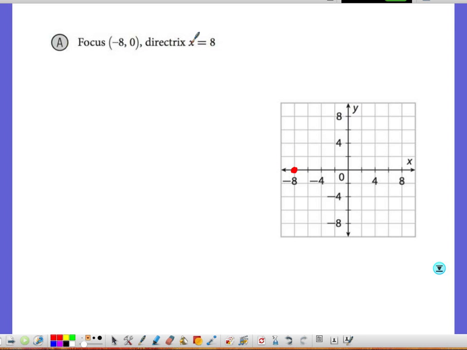Now the directrix lies on the x-axis, where x equals 8 specifically. Now remember, the directrix is going to be either a horizontal line or a vertical line. Since it's intersecting the x-axis at one point, that means we're going to have a vertical line as our directrix.